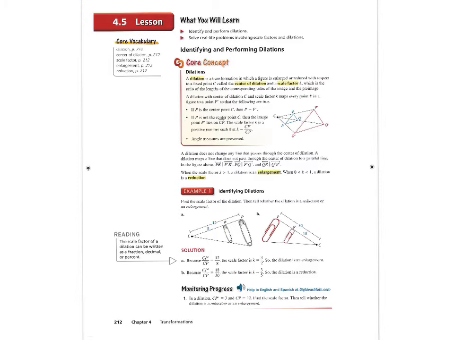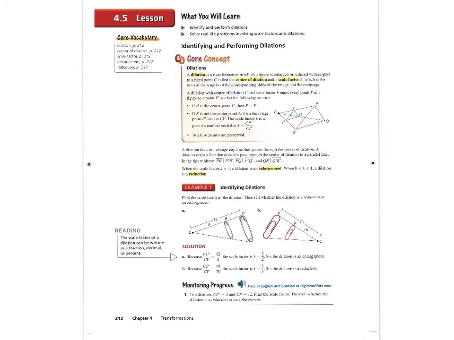So let's move on to page 212, where we see specific information about identifying and performing dilations and then solving real-life problems involving scale factors and dilations. Some big ideas in this section are the core concept in this box and some highlighted words.